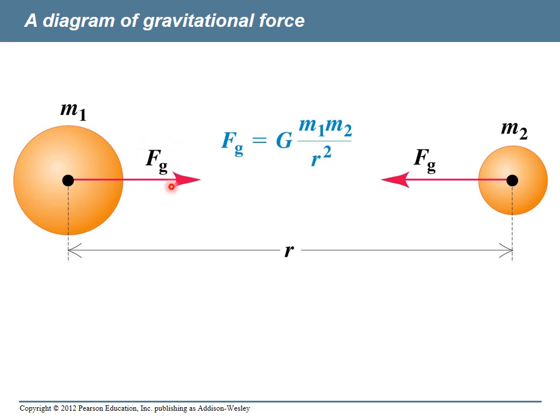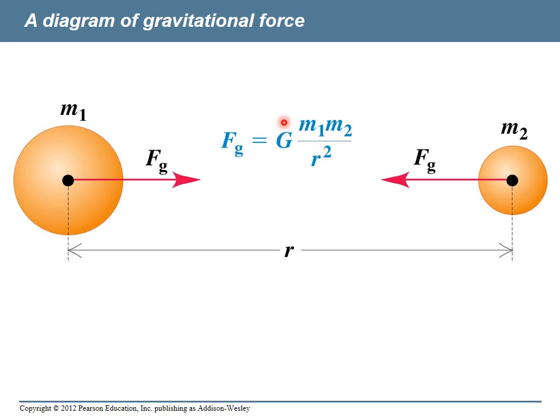So Fg is this gravitational force. Generally, we use g for the acceleration of gravity, and Fg for the gravitational force between two objects. So the equation states that the gravitational force between two objects is directly proportional to the product of the masses, m1 times m2, and inversely proportional to the square of the distance between them, so m1 m2 over r squared.